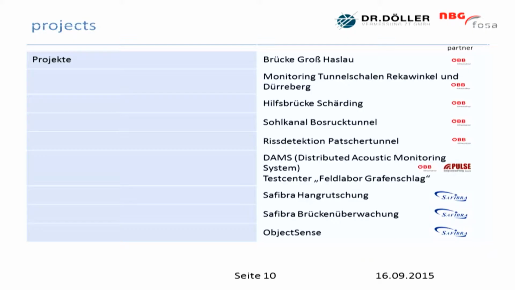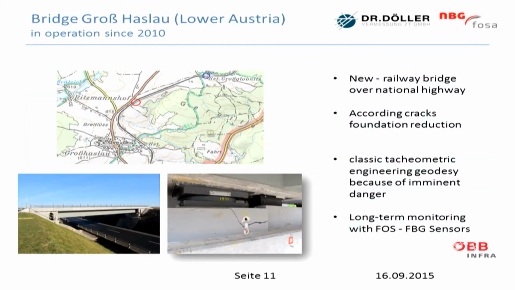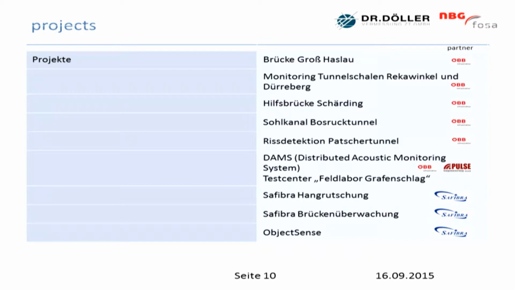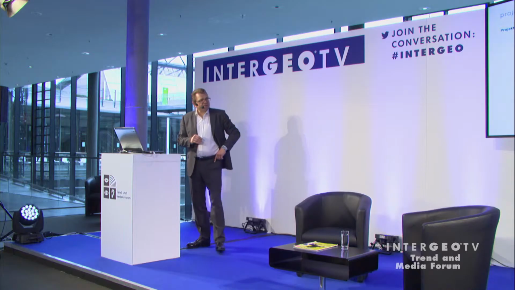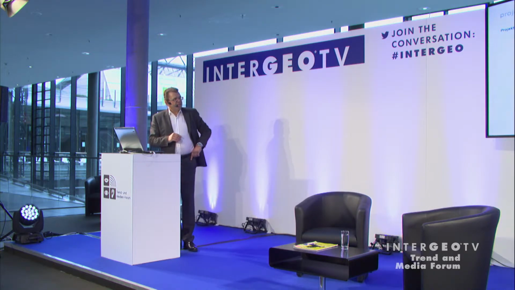Some projects we have already realized and mostly successfully fulfilled. A big bridge in our area. We did monitoring for the 2 old tunnels on the way from Salzburg to Vienna in the period of 2012 to 2014, until the new version of this railway went into daily work. Some bridges in Schärding.